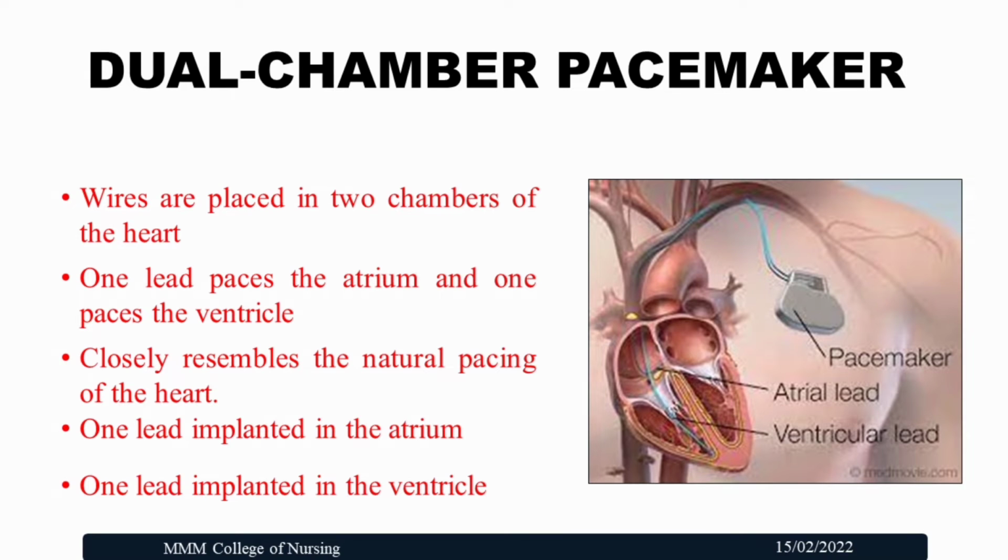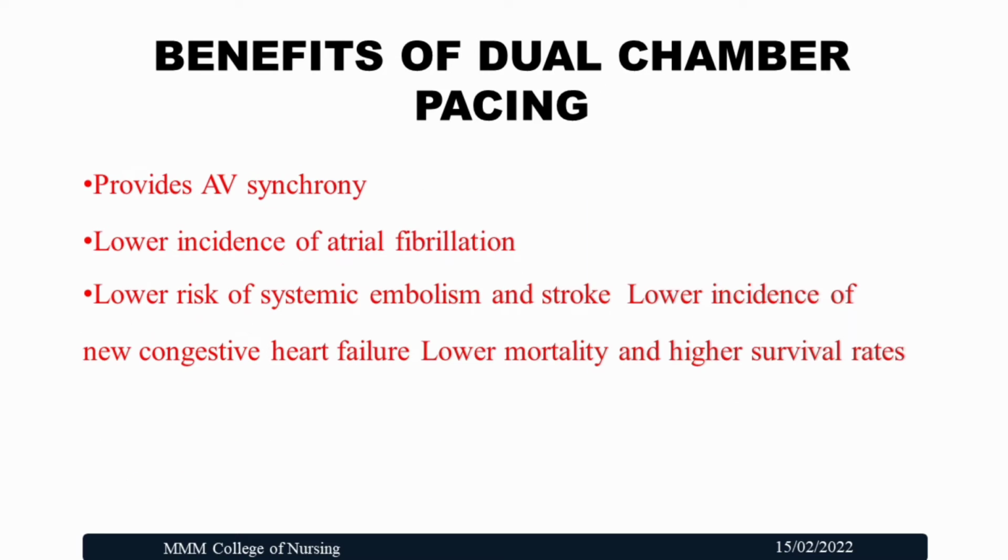Whereas in the dual chamber pacemaker, leads are placed into two chambers of the heart. One lead is placed in the atrium and one in the ventricle, which closely resembles the natural pacing of the heart. The benefit of dual chamber pacing is that it provides atrioventricular synchrony, which single chamber pacing does not.